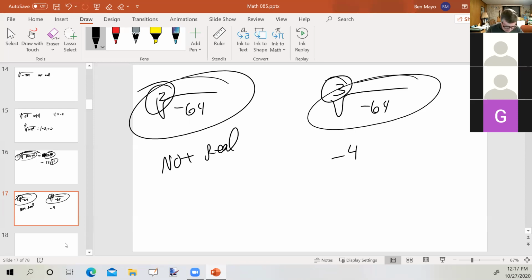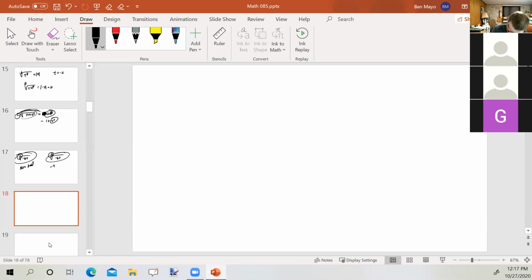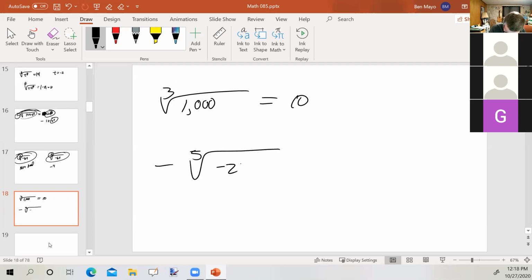Okay. Let's see here. How about this? What's the cube root of 1000? 10. Good. How about this one? Negative the fifth root of negative 243.